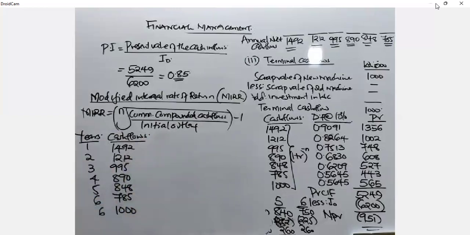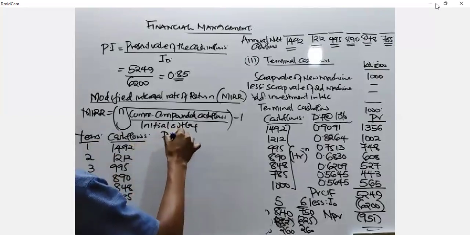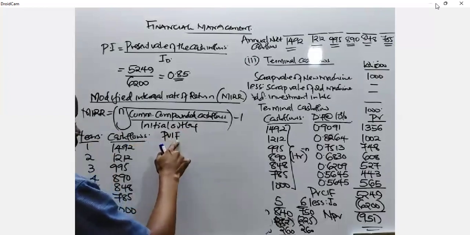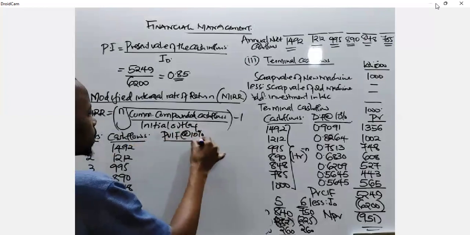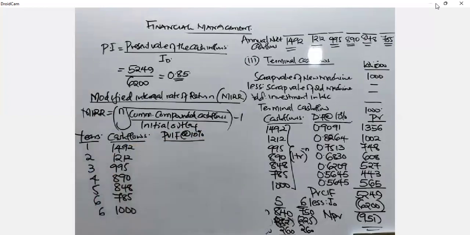But remember, we are compounding. We are not discounting. So in this case, we are going to be using the future value of the cash inflows, which is at 10%. And then you're going to be getting the future values.